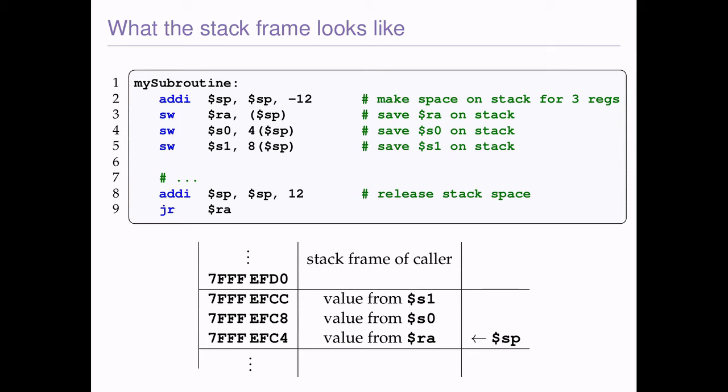Then at the end, when we get to add immediate and we've moved all of these values back to their original registers, the stack pointer will go back into the previous memory address that it was at, because we've matched these up perfectly. Now those values will still be in memory, but when it comes time for someone else to use the stack pointer, they wind up overwriting those values if they use those registers.